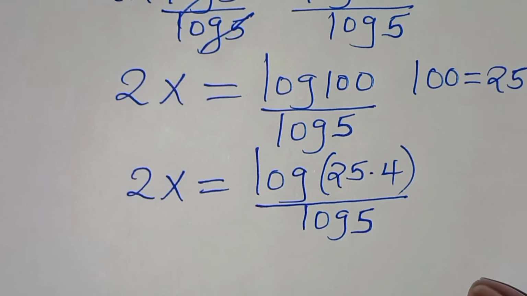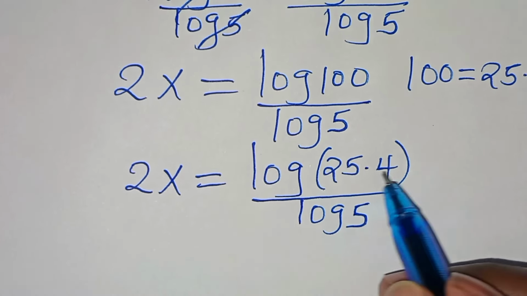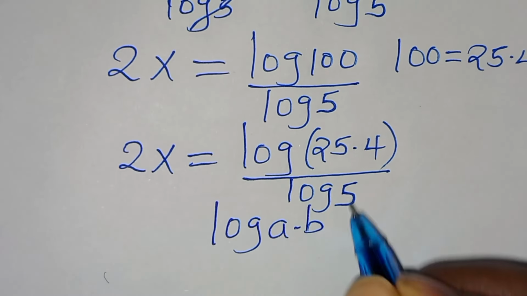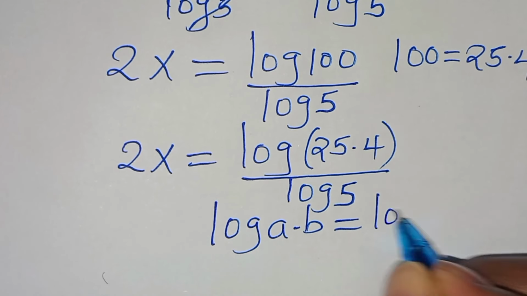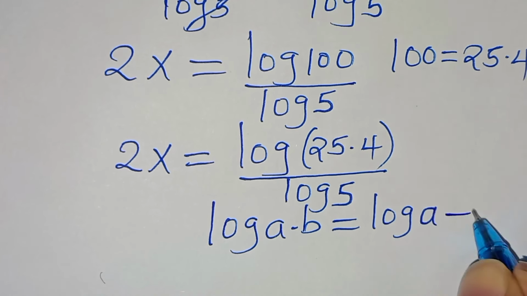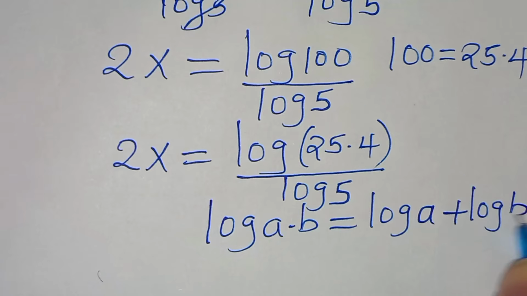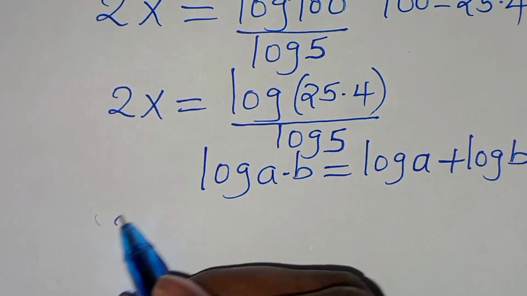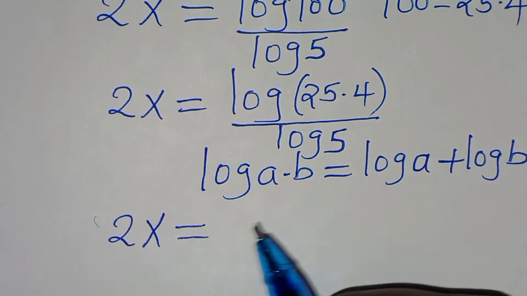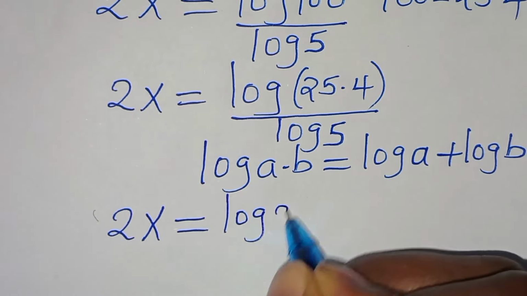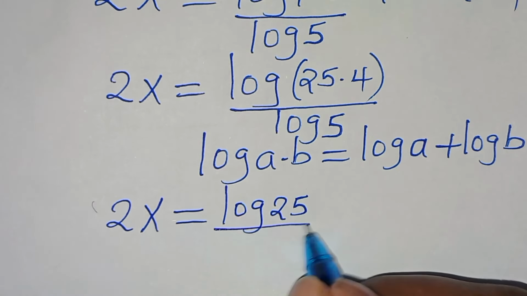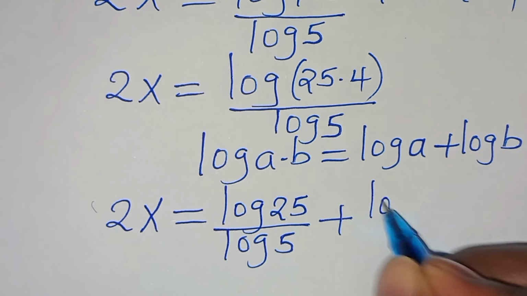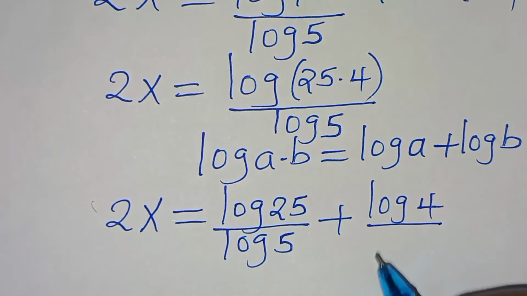The next step from here, we have log 25 times 4. This is in the form of log a times b, which we can express as log a plus log b. Applying this property, then we have 2x is equal to log 25 divided by log 5, then plus log 4 divided by log 5.